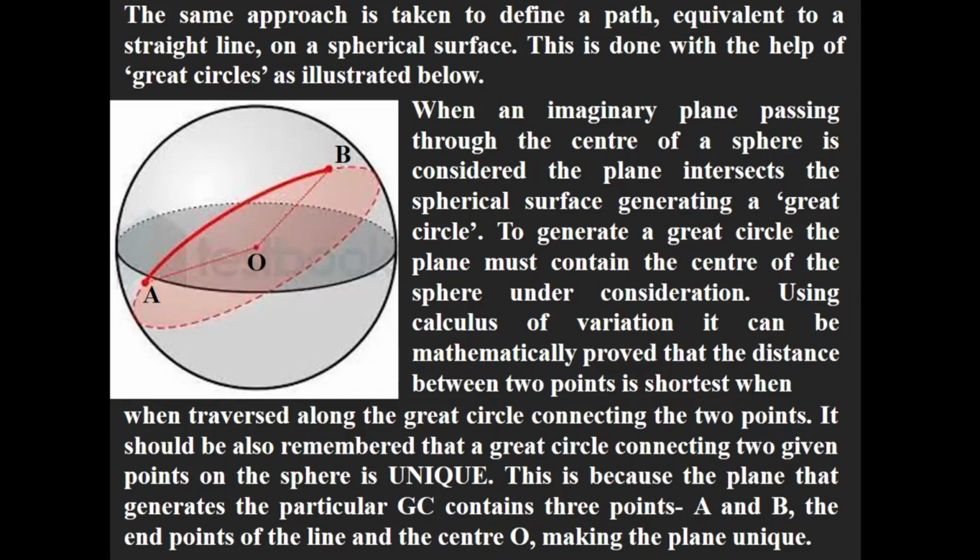But the length of this line, how do you define the length of this straight line or the great circle? That is done by the angle. So this angle defines the length. So this is the great circle.